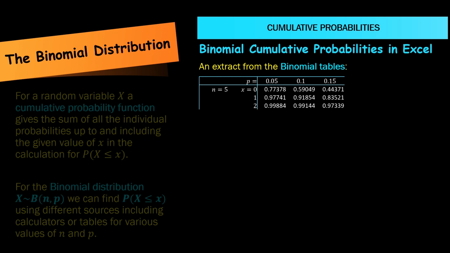We are now going to find binomial cumulative probabilities in Excel. An extract from the binomial tables is given on your screen. These probabilities can also be found in Excel.